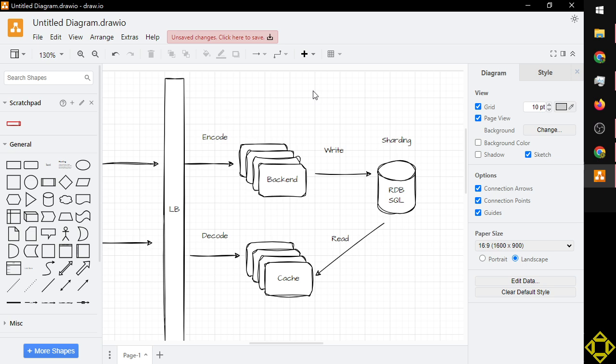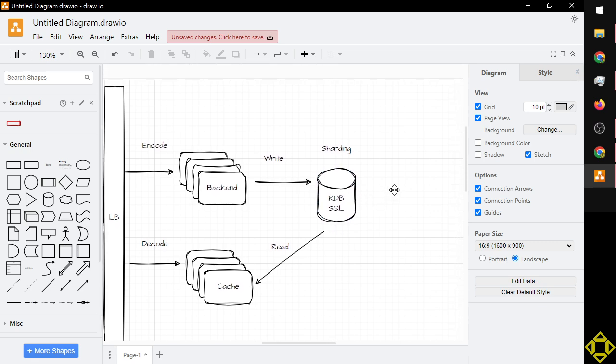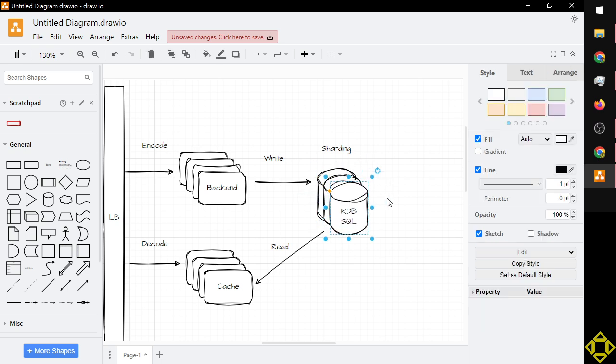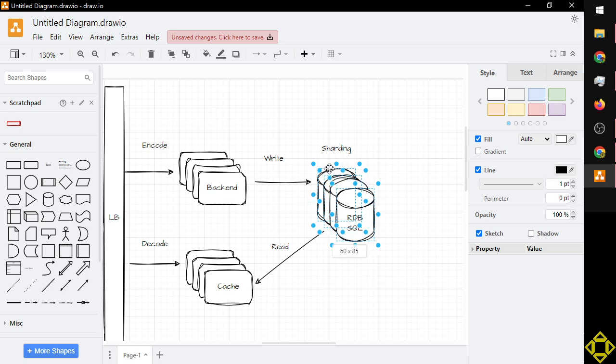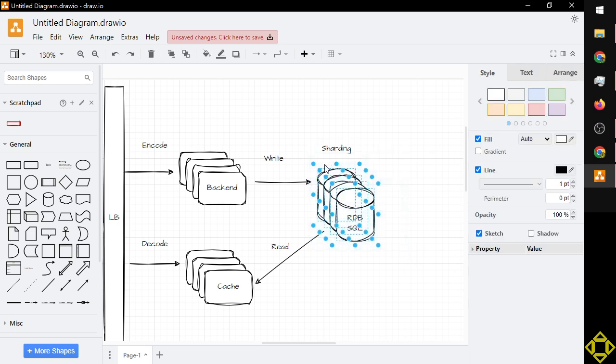We will have our backend processors, many machines to process in parallel for scalability, and they will encode into the relational DB such as SQL to store to a storage.